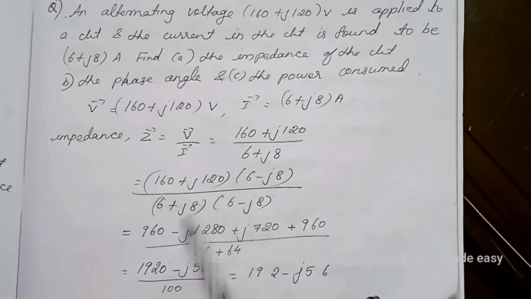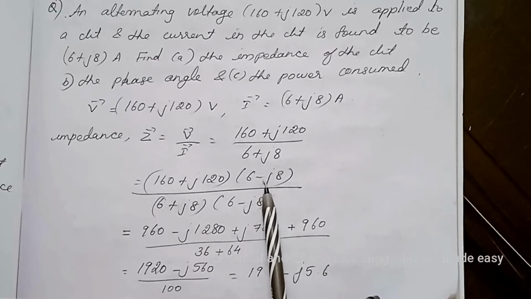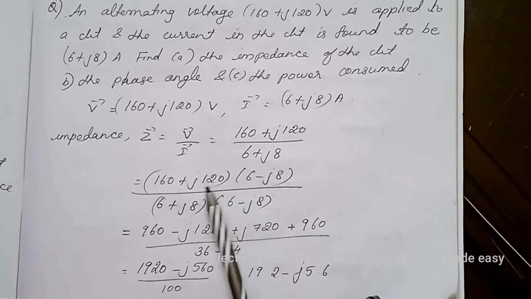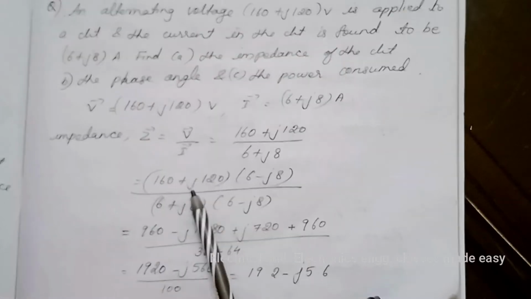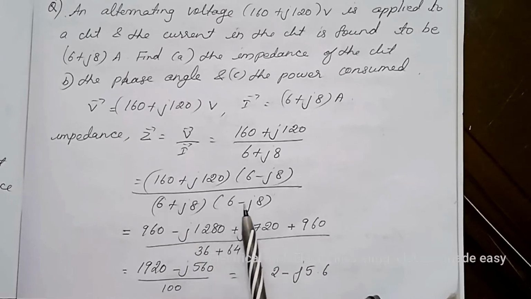That is 160 into 6 is 960, minus 160 into minus j8 is minus j1280, plus j120 into 6 is j720, plus j120 into minus j8 is 960, divided by, this is in the form (a plus b) into (a minus b), which is equal to a square minus b square.